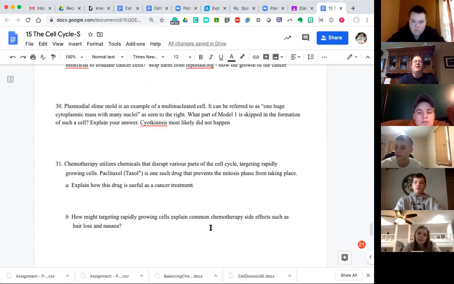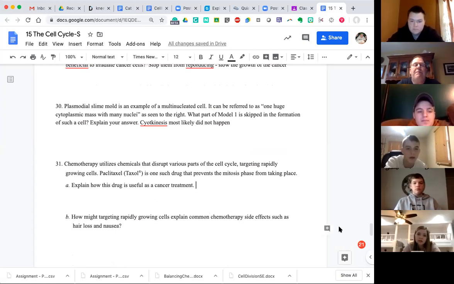Chemotherapy utilizes chemicals that disrupt various parts of the cell cycle, targeting rapidly growing cells. Paclitaxel is one such drug that prevents mitosis from taking place. Explain how this drug is useful as a cancer treatment. Well, remember, cancer pretty much divides and divides and divides.